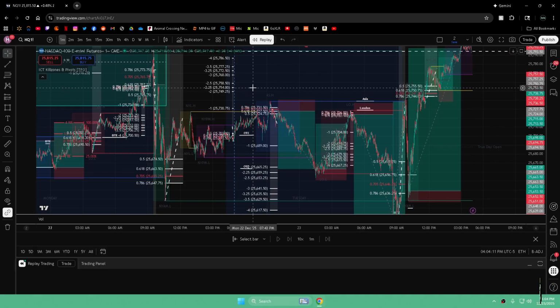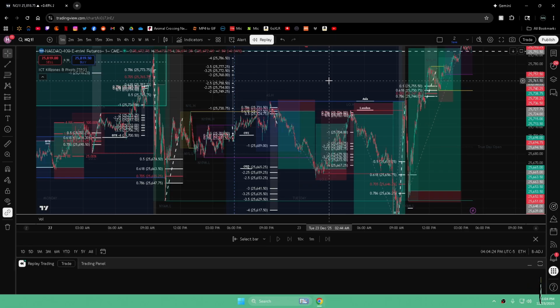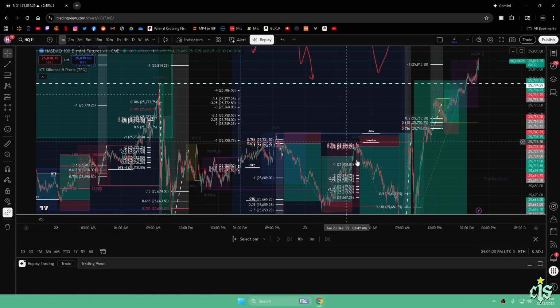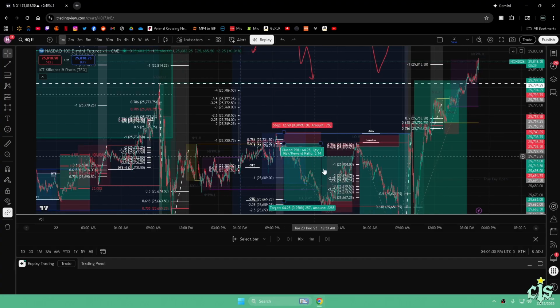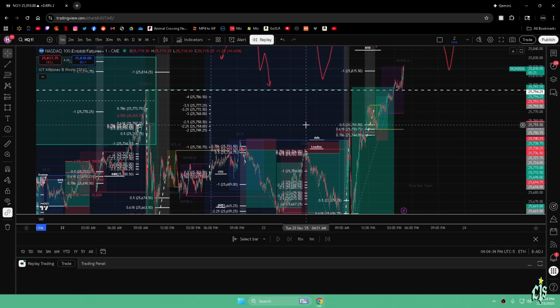So Asia and London will be bullish, and then New York will be bearish to take those out. Now that's in the New York reversal profile, right?